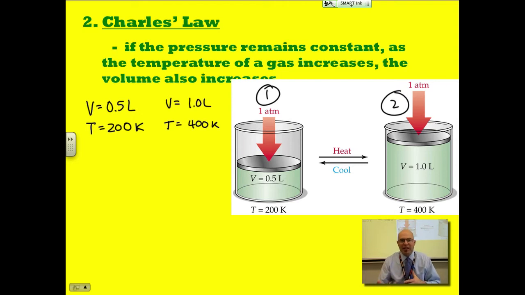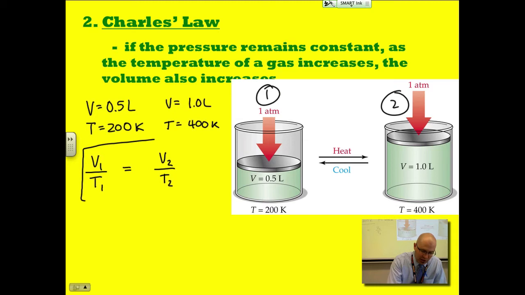So it's not a V times T situation. What it is, V1 over T1 is going to be equal to V2 over T2. If you take 1 and divide it by 400, you would get 0.0025.